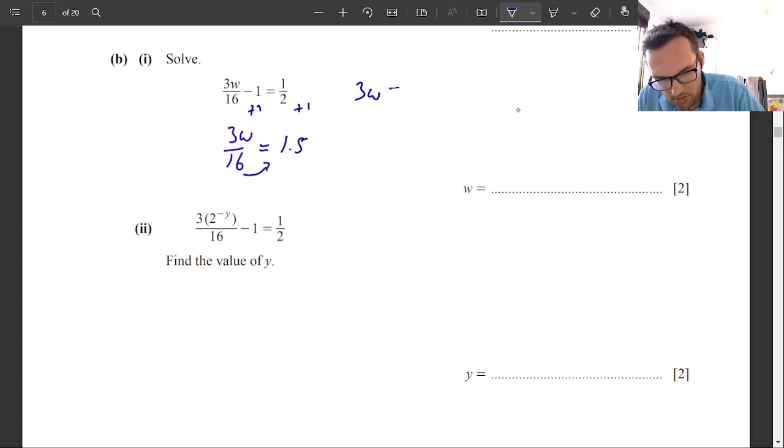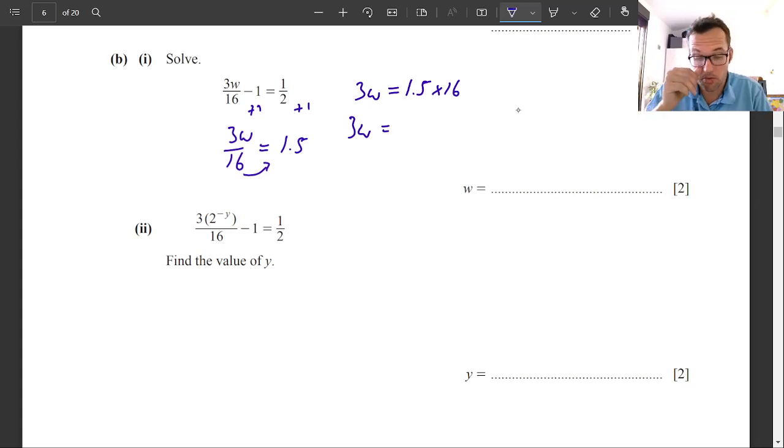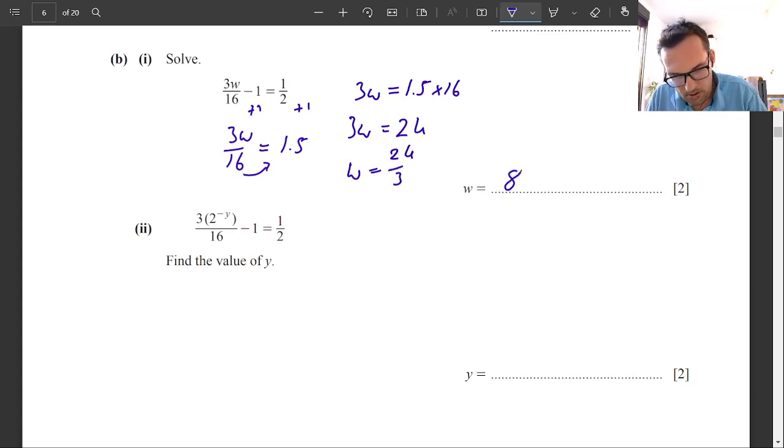So we get 3w equals 1.5 times 16, which of course is 24. Last step, divide by 3. So w is 8.